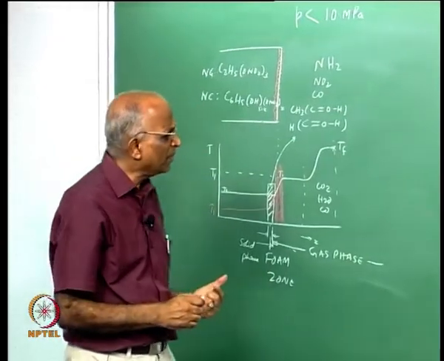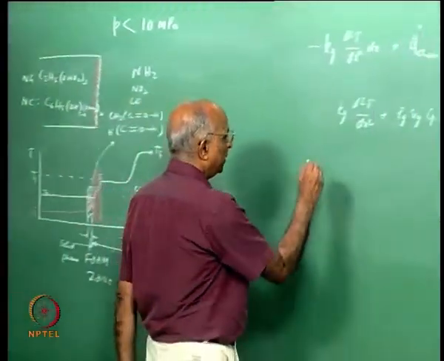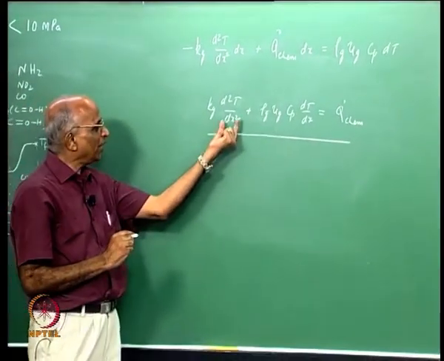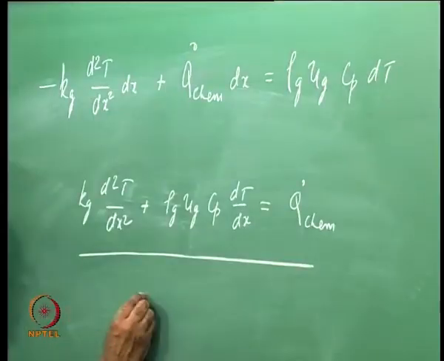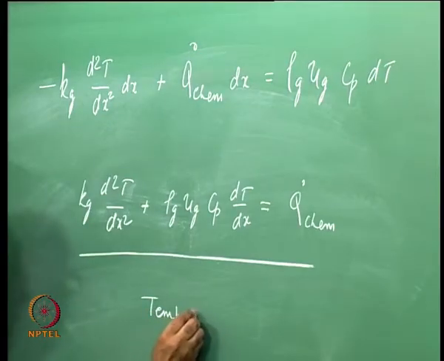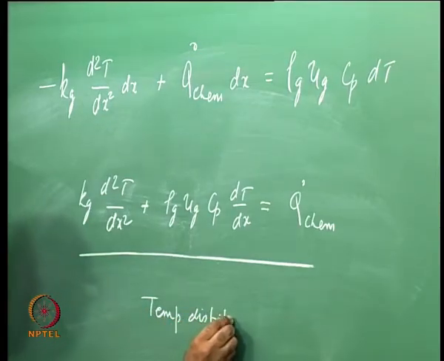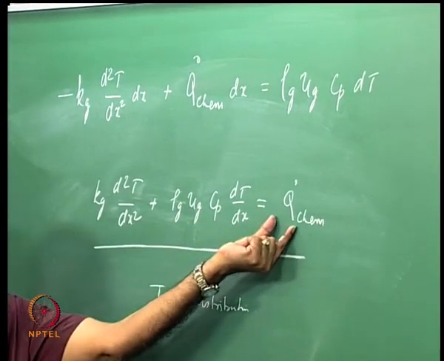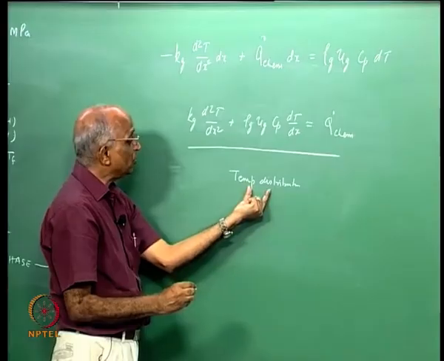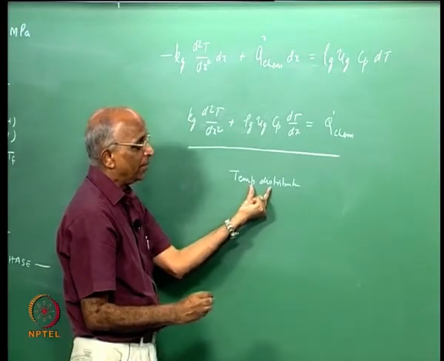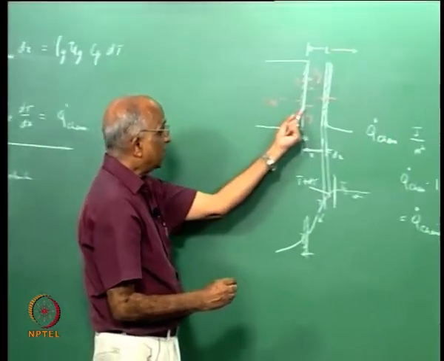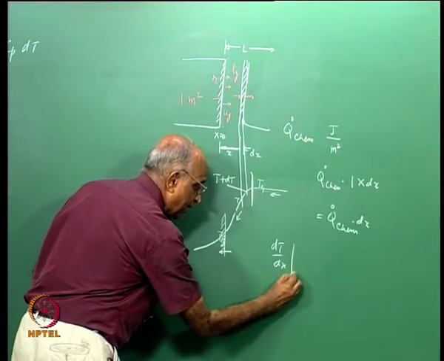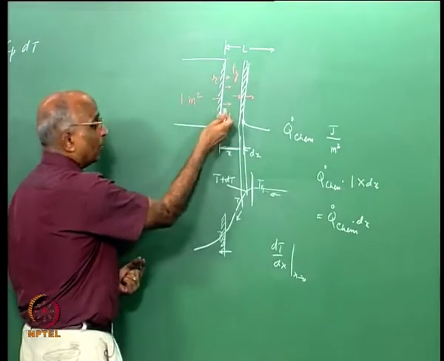If this is the case, how do I solve this problem? See, solving this problem is a little difficult, in the sense all what I can solve is, I can solve for temperature distribution in the fizz zone, if I know the value of rho g, ug, Q chemical, then only I can solve for temperature distribution, and once temperature distribution is there, I can find out at the surface what is the value of dT by dx at x is equal to 0, and then find out the rate of regression.